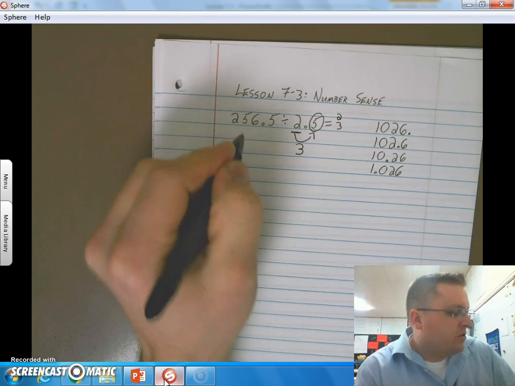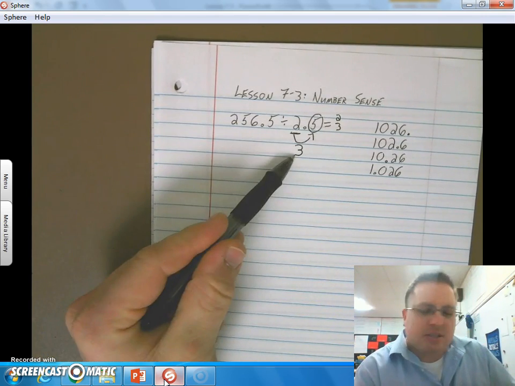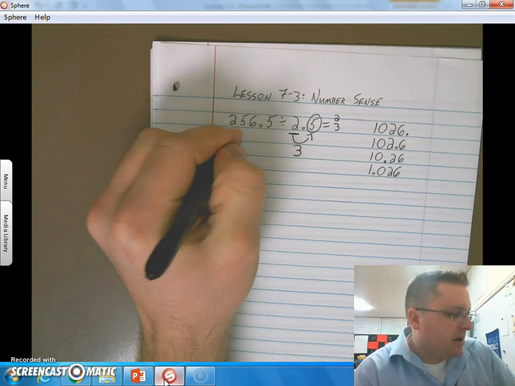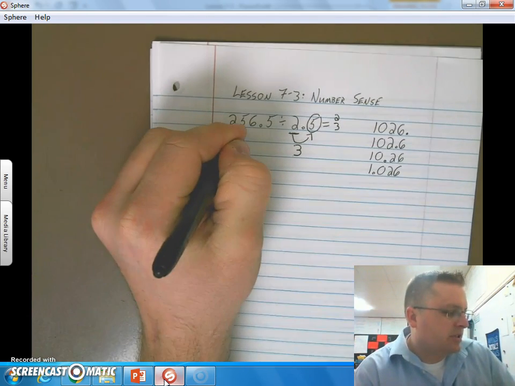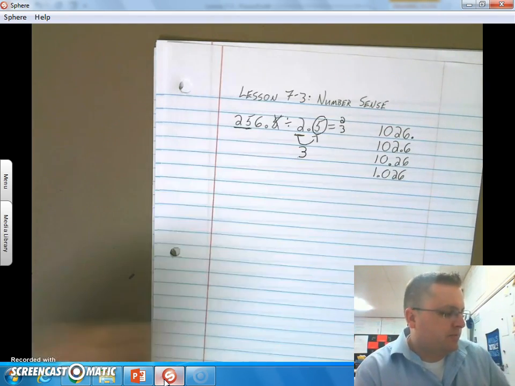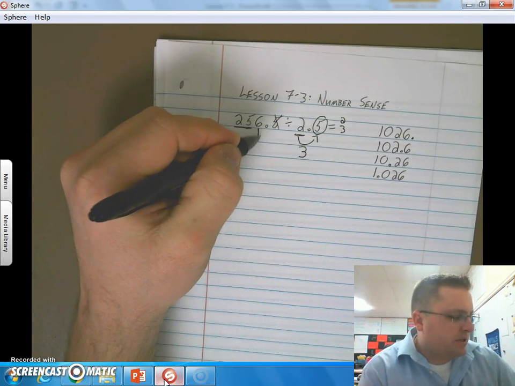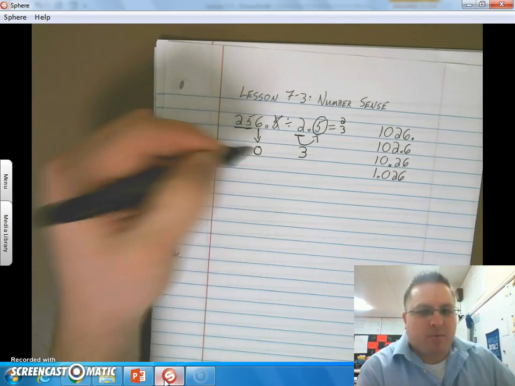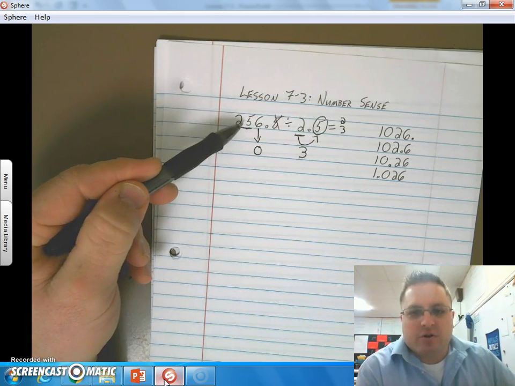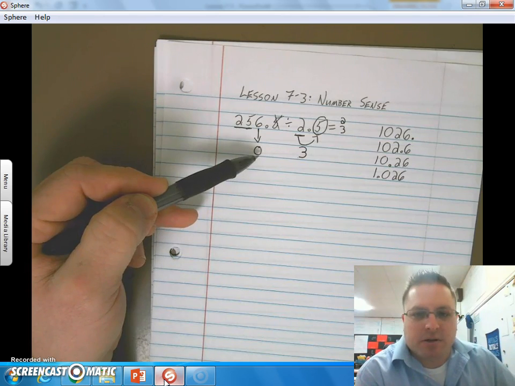So I'm going to look at 256.5. And remember, since this is one digit, I'm really going to pay attention to the first 2 digits. And I'm not going to pay attention to my decimal. And this 6 in the ones place is automatically just going to become a 0, because I'm only paying attention to the first 2 places. But I gotta have that 0 there for a placeholder, because that's in the ones place.